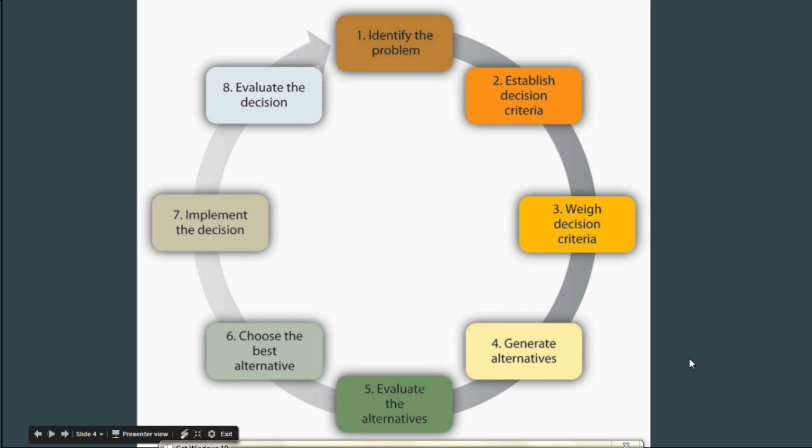Then you're going to evaluate those alternatives as well, choose the best one, and implement it. So steps 1 through 7 are you thinking about what is the best reinforcement that this client is going to need, and then you evaluate it, and it goes through the cycle again like it normally does.